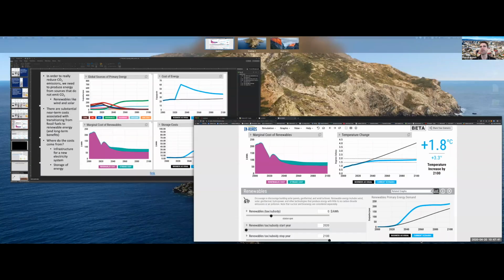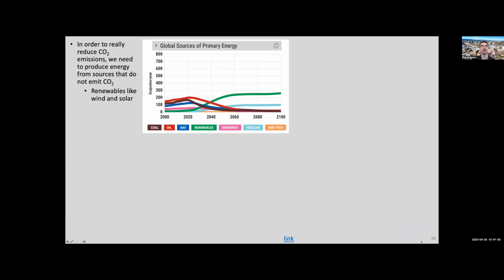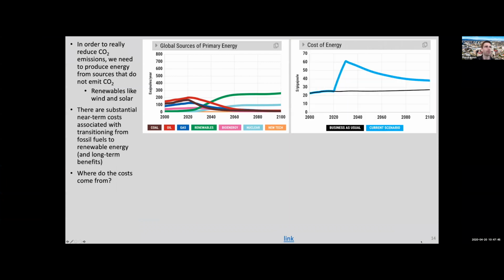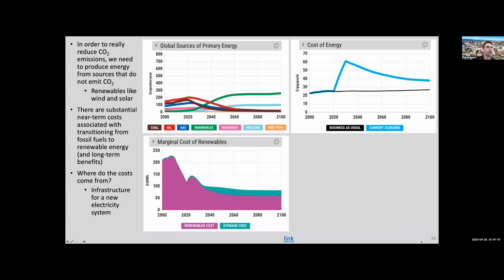And so that kind of brings up an interesting aspect of this that we'll talk about today. So the costs essentially are coming from that we have to build new things for this new system. So we have to build the literal wind and solar farms. We have to build kind of a new electrical grid that I'll show you why we have to do that.